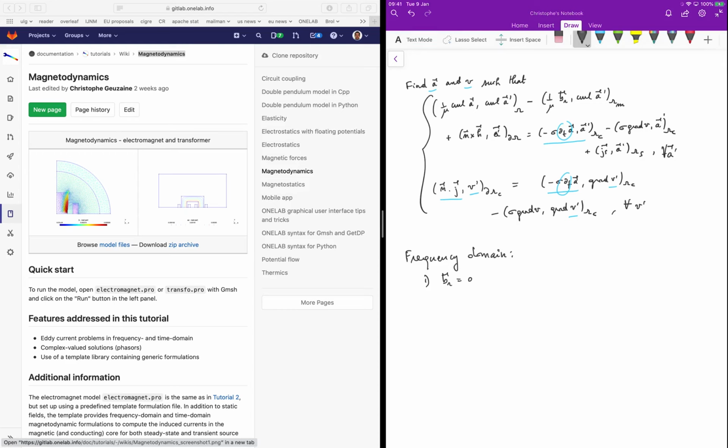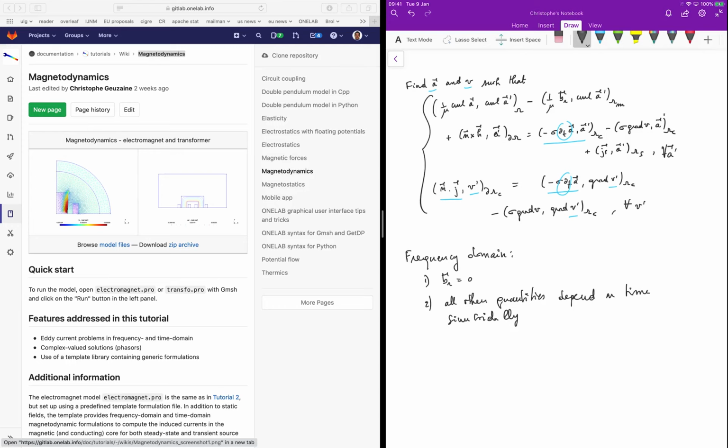And all the rest, we assume that all other quantities depend on time sinusoidally.